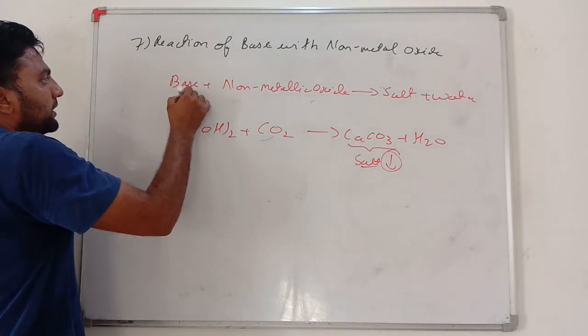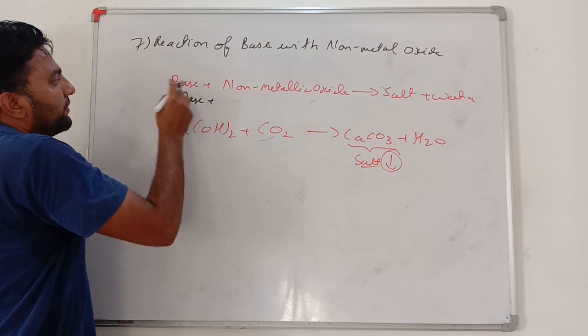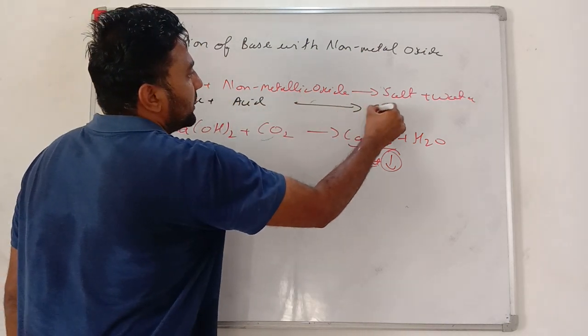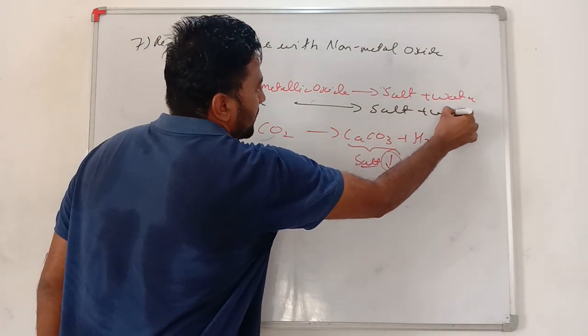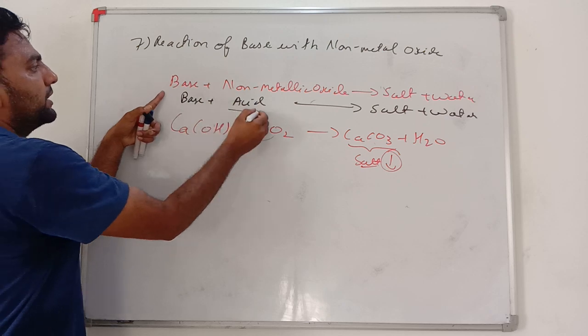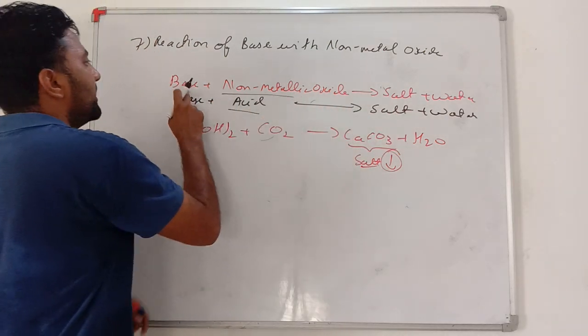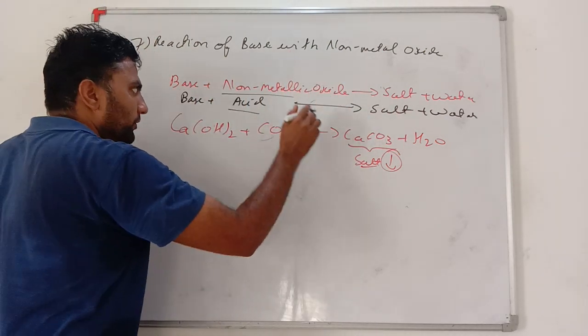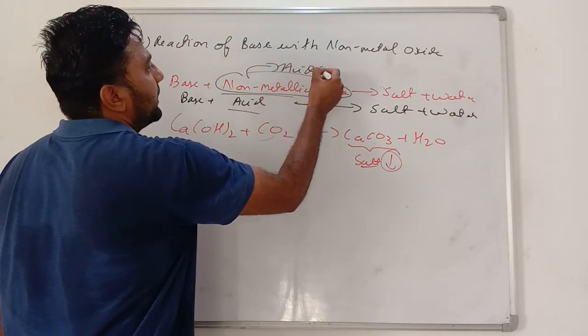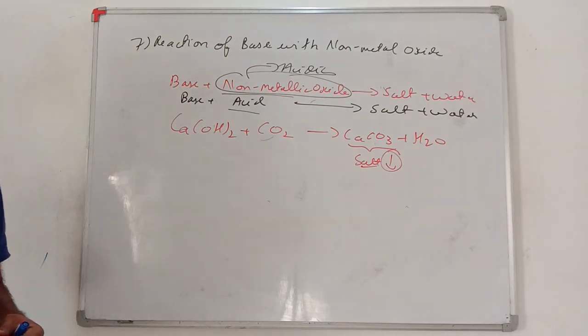See, my dear students, in the previous property we saw that base plus acid gives us salt plus water, and base plus non-metallic oxide also gives salt and water. It means non-metallic oxides are acidic in nature. Very, very important.